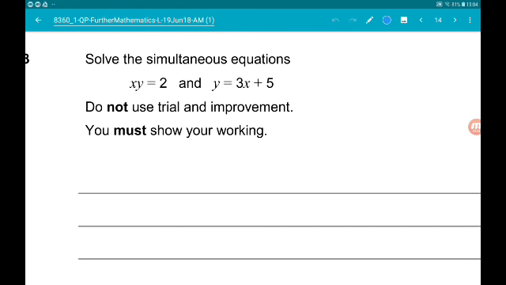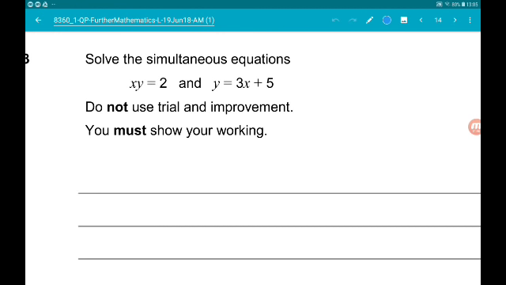So, we know that x times y is 2. Now we know that y is equal to 3x add 5. So the game with simultaneous equations is always to try and get an equation in terms of just one variable, so one letter. Now, we can do that because we know what y is in terms of x.